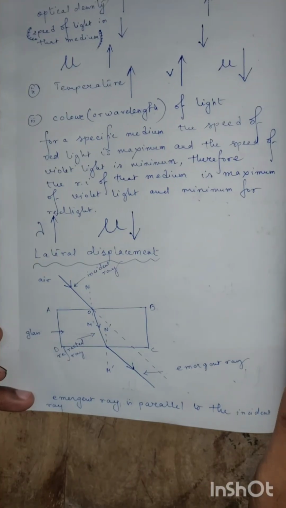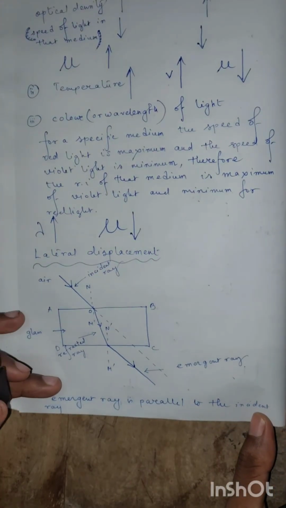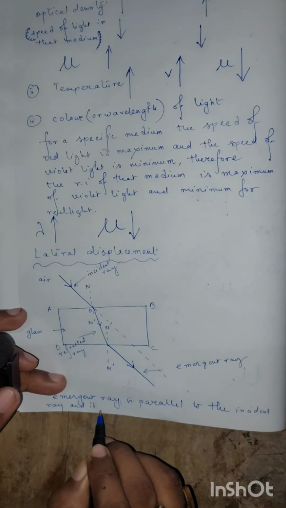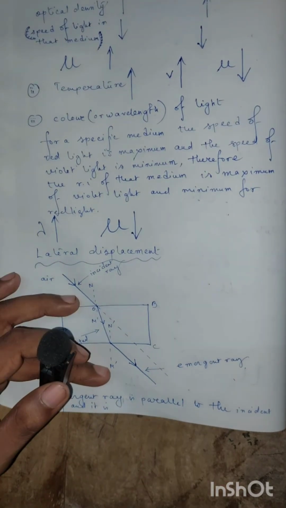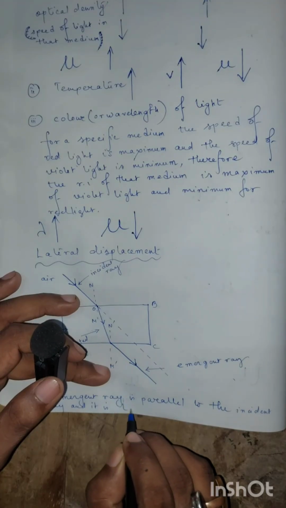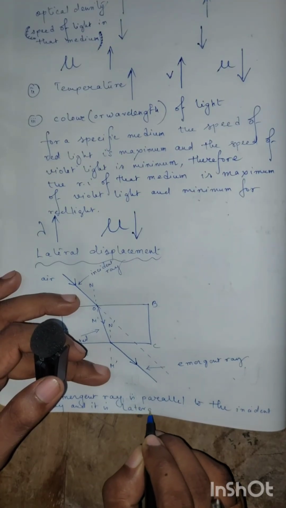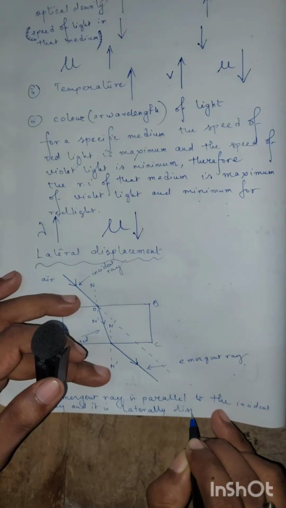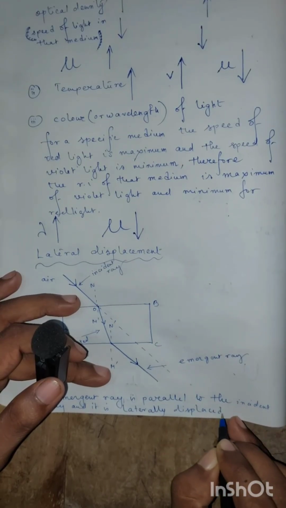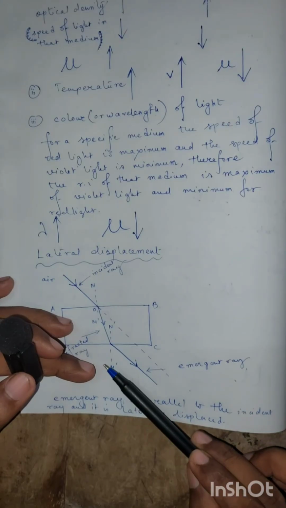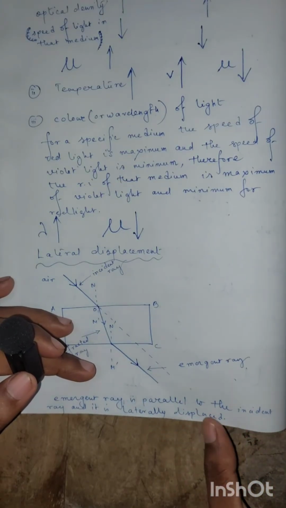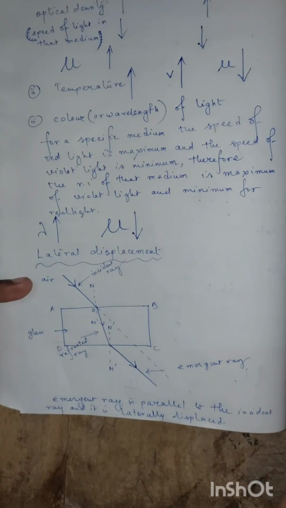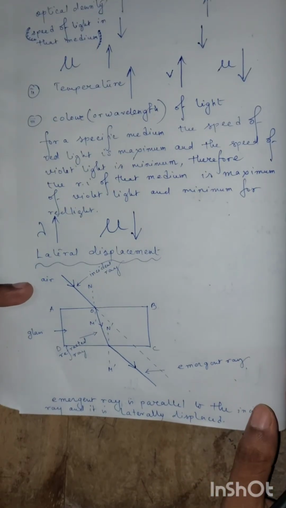Emergent ray is parallel to the incident ray, and it is laterally displaced. This phenomenon is called lateral displacement.